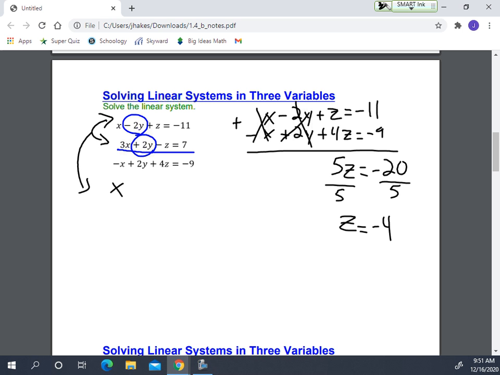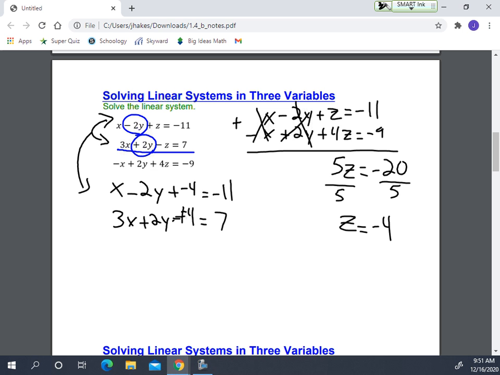I have x minus 2y plus z is equal to negative 11, and I have 3x plus 2y minus z is equal to 7. You could plug negative 4 in instead of z, since we already know what z is. We can say minus a negative 4, or you could say plus 4.